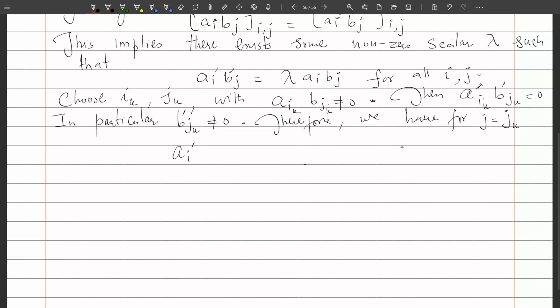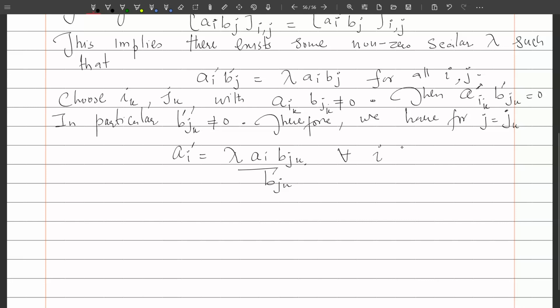So we are going to divide this through by bjk prime throughout. So we get, this is lambda here, this is ai here, this is b j sub k here, and we are dividing by bjk prime. So this is true for all i, because we are fixing j sub k here.